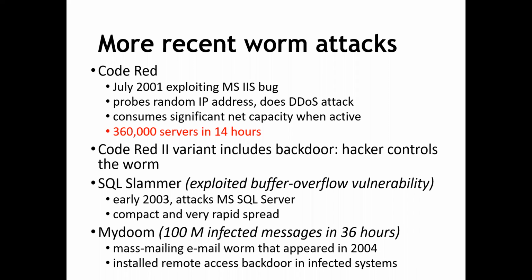It was probing random IP addresses, and their focus was to deny and block them from having access to any facilities. They consume significant internet capacity when active. Over 360,000 servers were attacked in less than 14 hours.